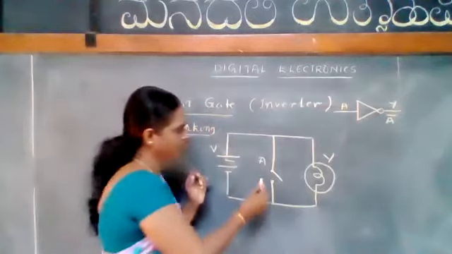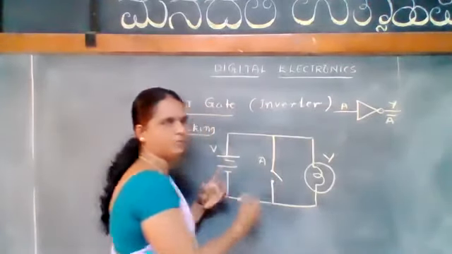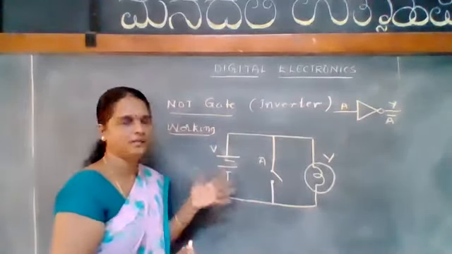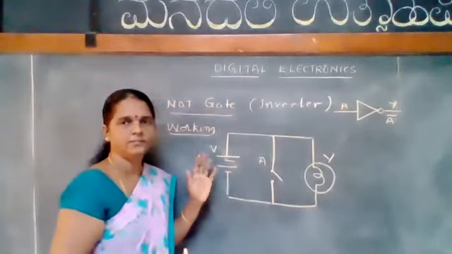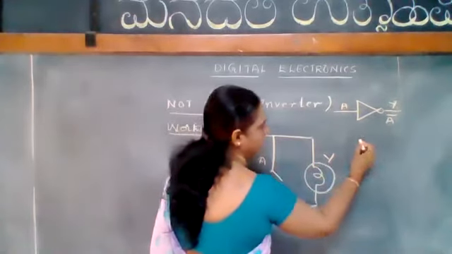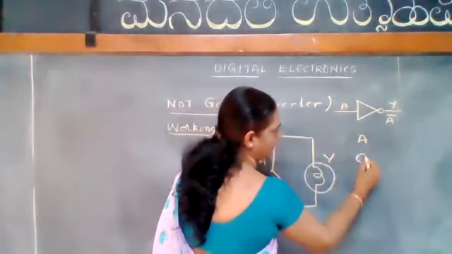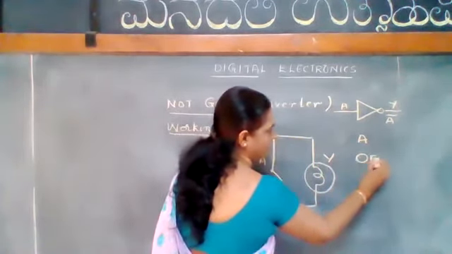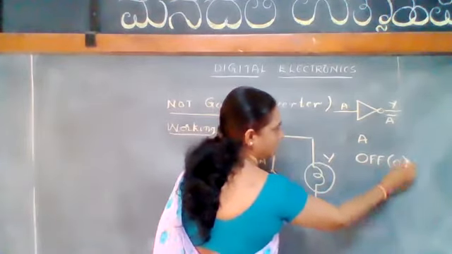Now, when the switch is open, we will consider that state as the 0 state. Consider A is open, that means A is off. We will consider it as 0.